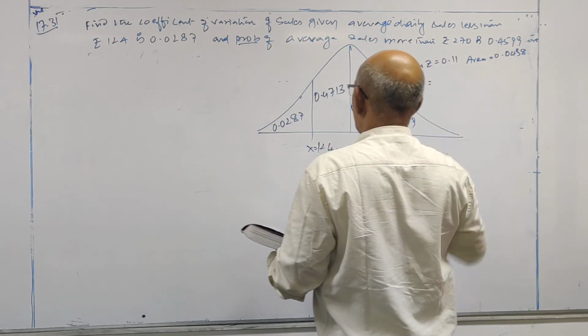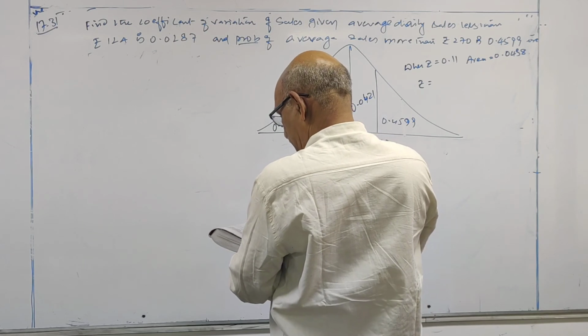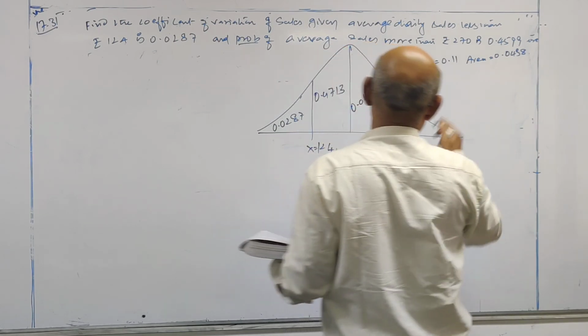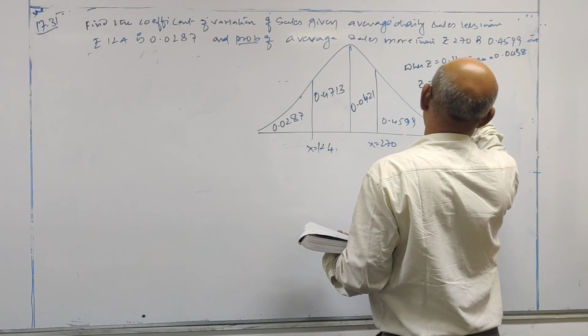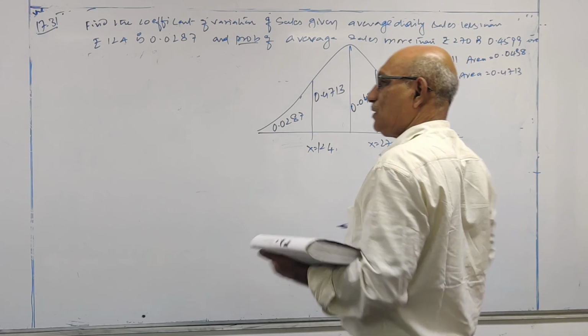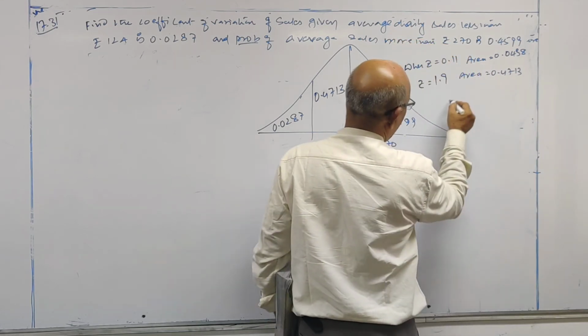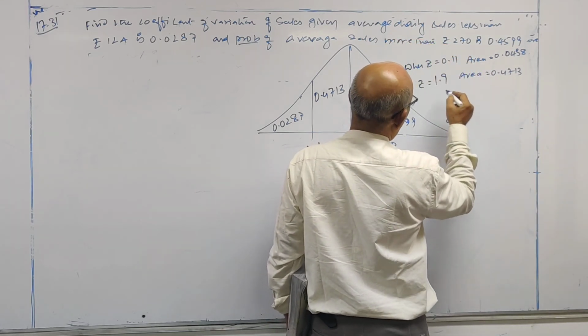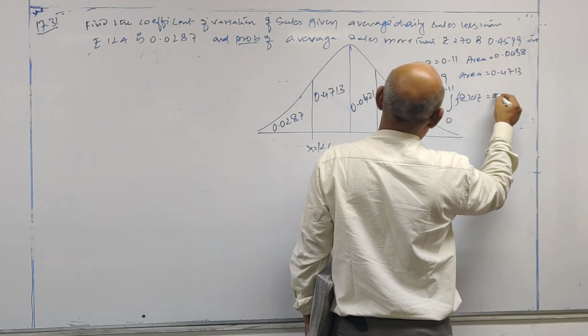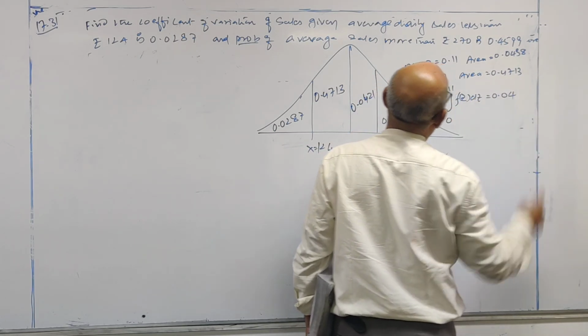When Z is equal to 1.9, the area is equal to 0.4713. Integral 0 to 0.11 f(z) dz is equal to 0.04.